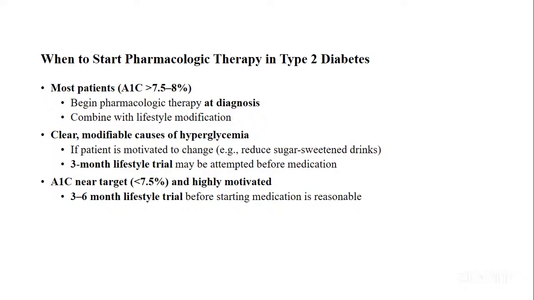But if the patient has A1C at baseline or diagnosis less than 7.5%, and if the patient is highly motivated, then we can try 3 to 6 months of lifestyle modification before the medication. So these are the indications.